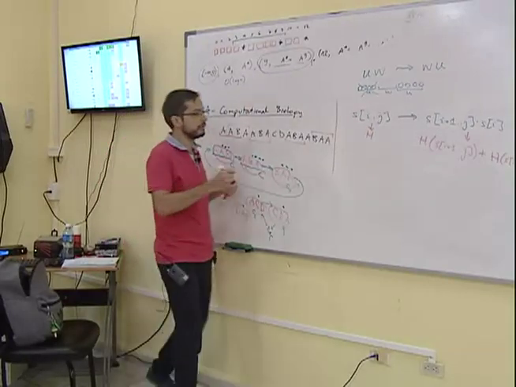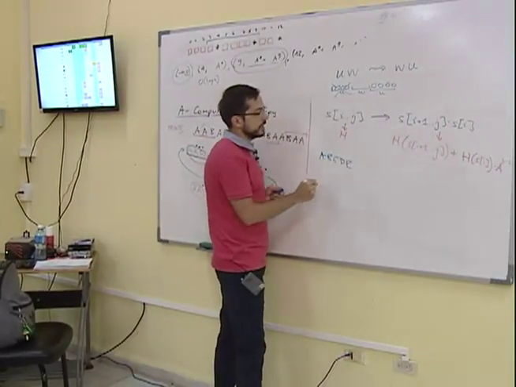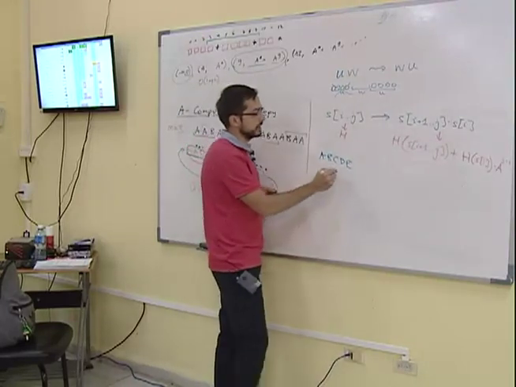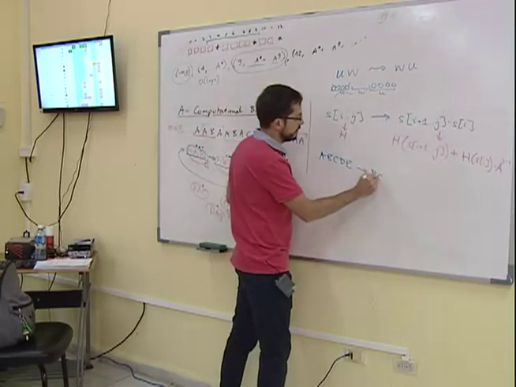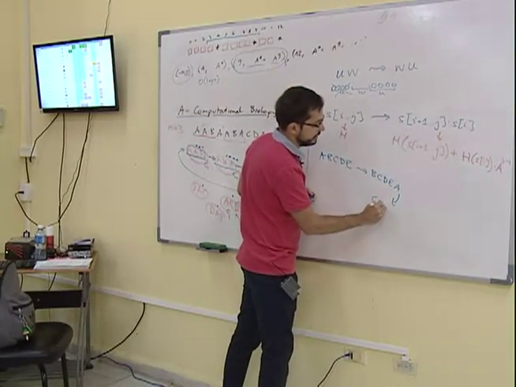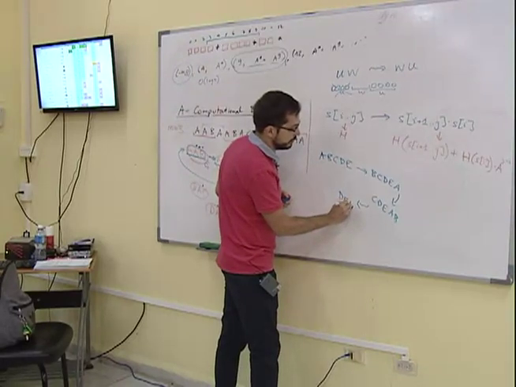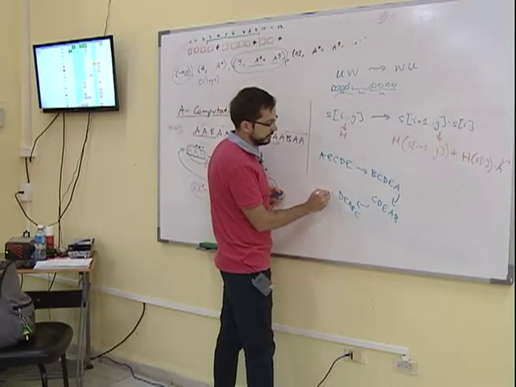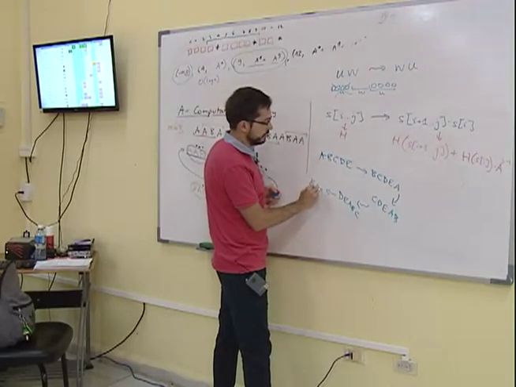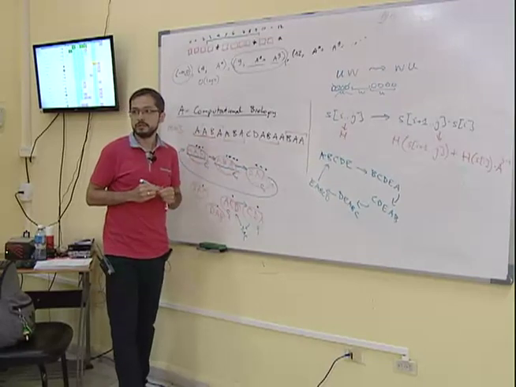So if you have a word A, B, C, D, E, how does the cycle look? From this one you go to B, C, D, E, A, from this one to C, D, E, A, B, from this one to D, E, A, B, C, and from this one, once again, A, B, C, D, and so on.